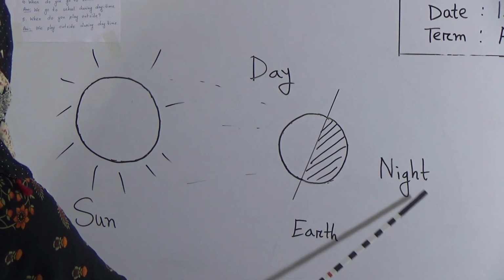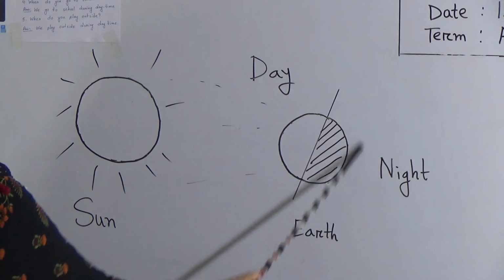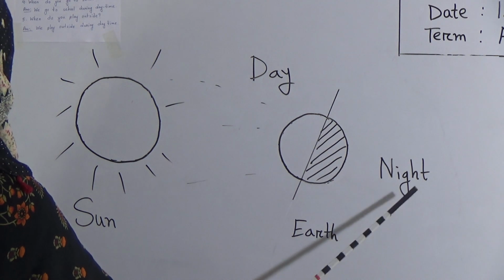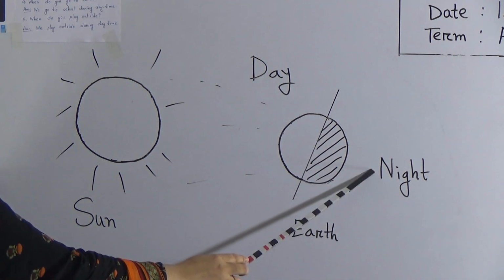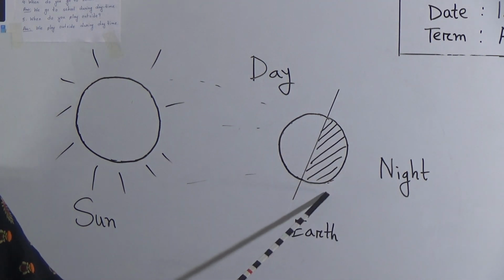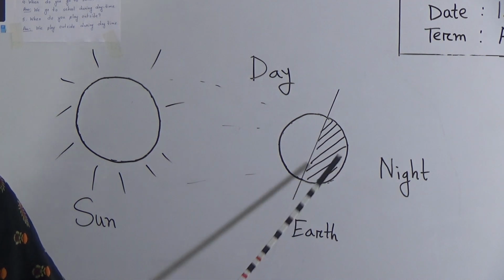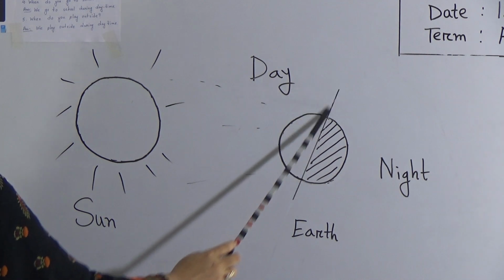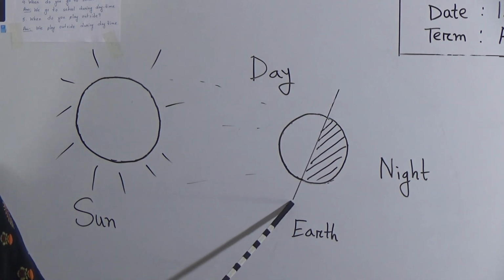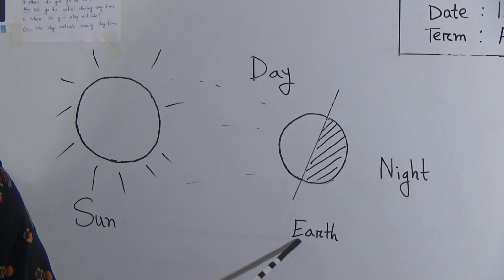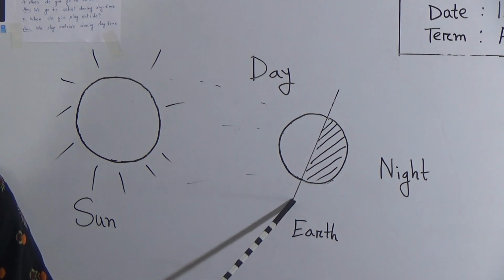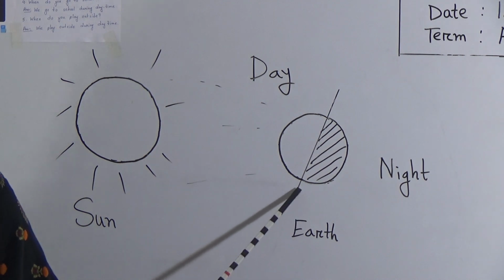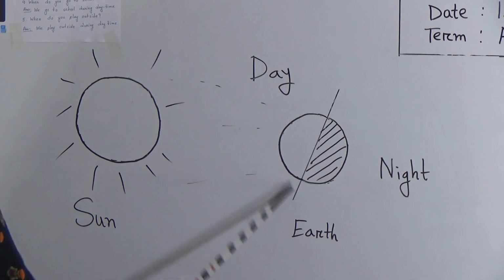Here is night time. This is the dark side, and here will be night time. And this Earth rotates on its axis. This is the axis, an imaginary line. And the Earth completes one rotation every 24 hours.